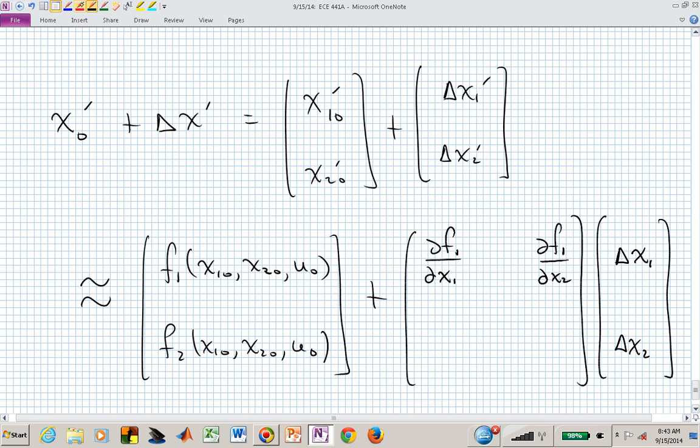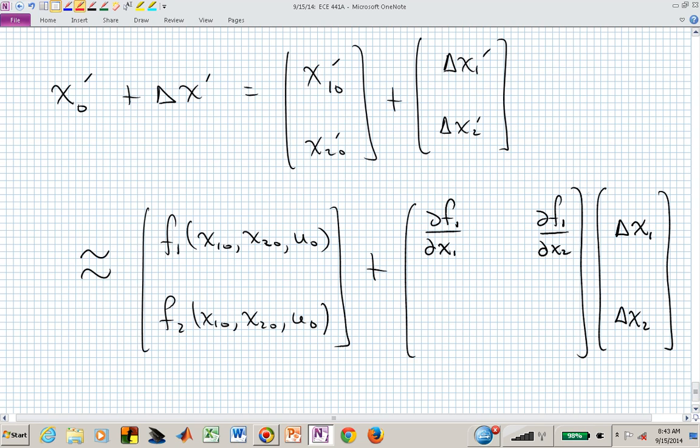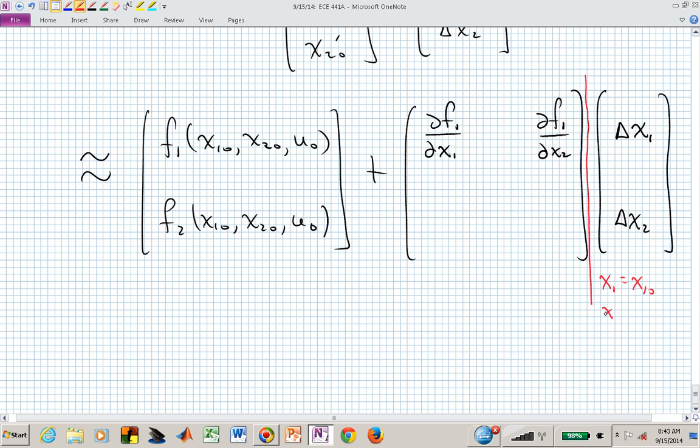And what we have to remember is that we are evaluating those partials, just like we did in the scalar case, at x1 equal to x1 0, x2 equal to x2 0, and u equal to u 0. And that's just the partial of f with respect to the x's.